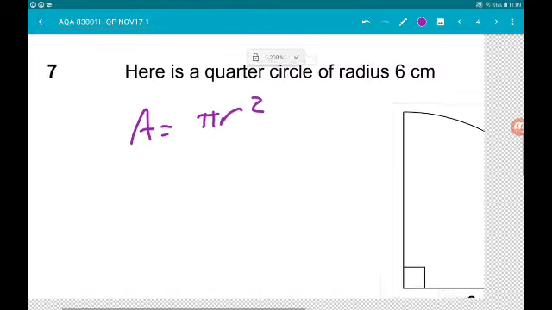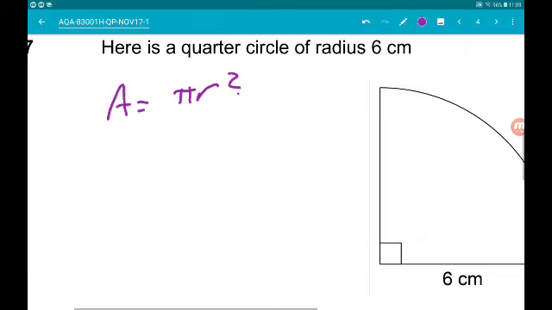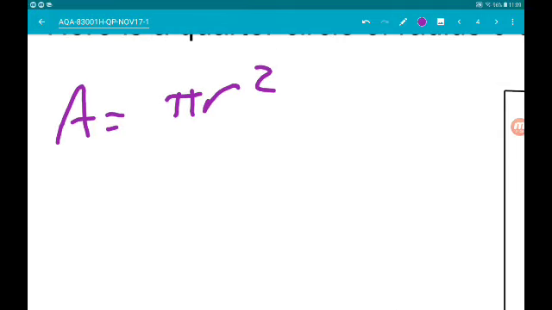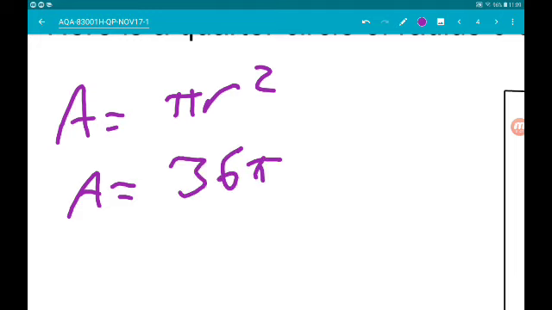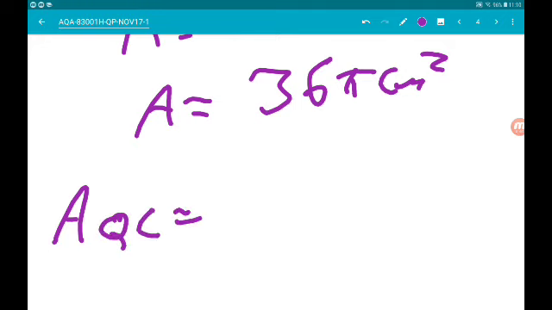So let's work out the area of the whole circle and then divide that by 4. So the radius is 6, so we would get A is 36 pi centimeters squared. So the area of the quarter circle is 36 pi divided by 4, which is 9 pi centimeters squared.